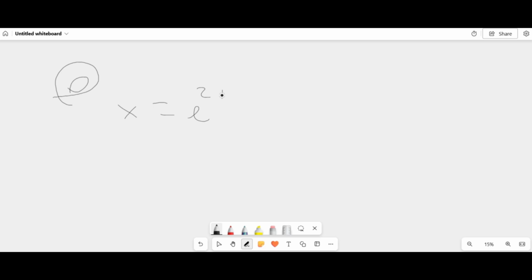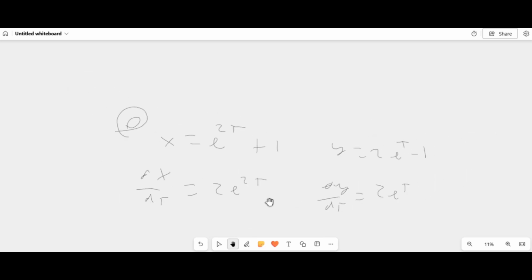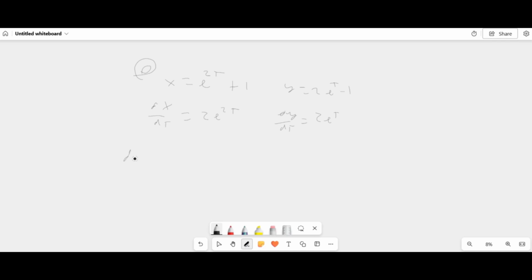x equal to e to the power of 2t plus 1. y is equal to 2e to the power of t minus 1. So obviously find dx here. So dx over dt is going to be 2e to the power of 2t. And then dy over dt is going to be 2e^t. And then now just do dy over dx, equal to dy over dt over dx over dt.